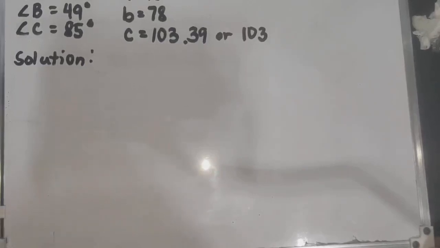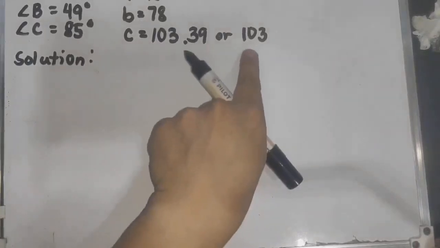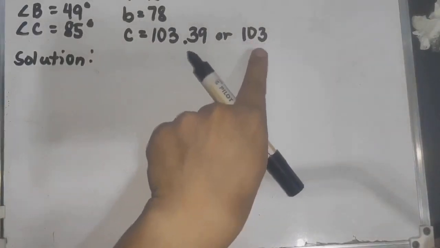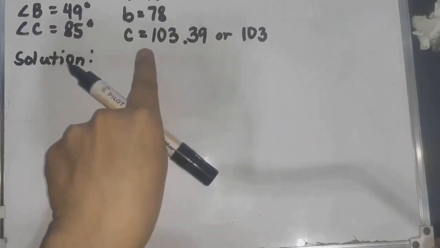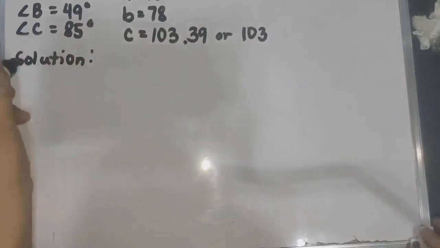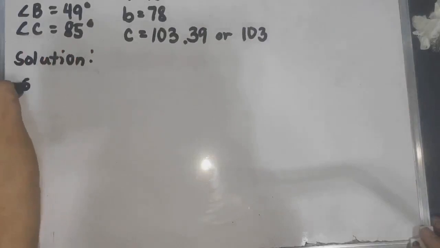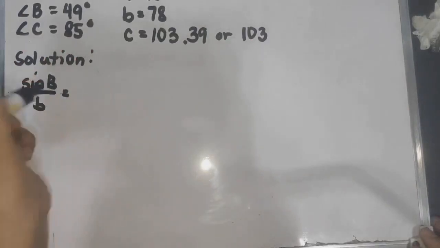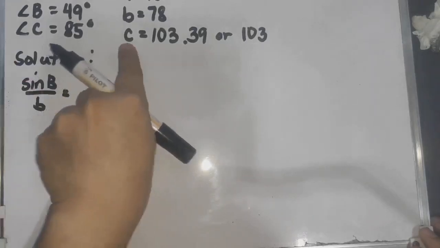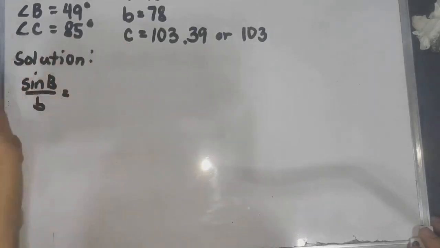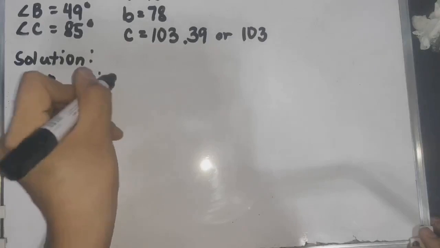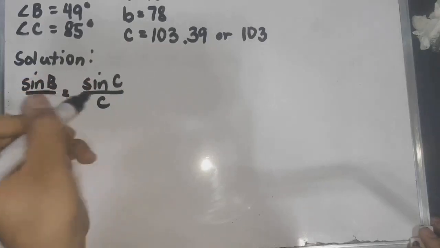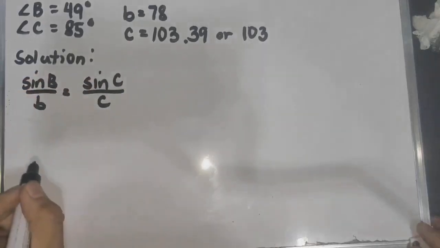Okay, try natin gamitin yung law of sine. Ito ay example ko lang kung maging parehas yung value niya. Dapat yung makukuha natin 103 din sa value ng side C. Ang gagamitin natin yung kompleto pa din kanina, which is sine of B over side B is equal to, so C yung hinahanap natin, ang kapartner niya is angle C, so sine of angle C over side C. Then, substitute lang natin.